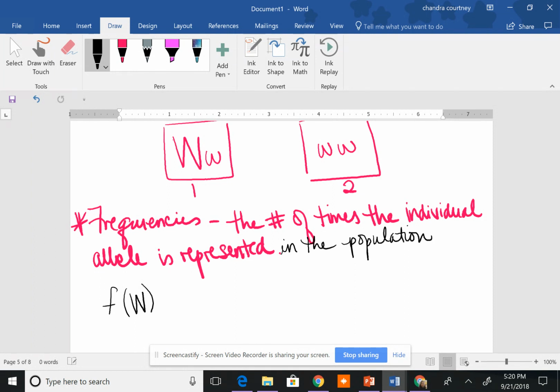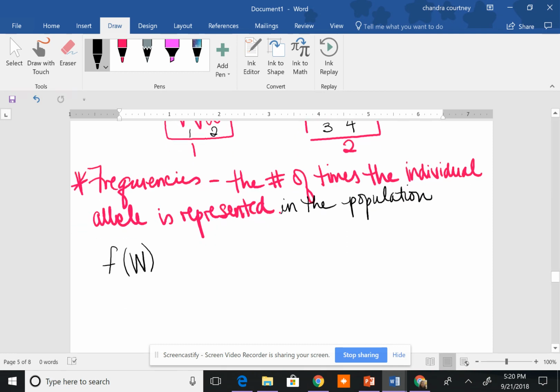Okay, so think of each letter being a representation of a chromosome, and that gene is on that chromosome. So now we don't have two individuals we're looking at. We're looking at the 4 chromosomes we have in front of us, so 1 chromosome, 2 chromosomes, 3, and 4. How many times do we see the big W? Okay, so if you think about it like that, the result is going to be 1 out of 4. 1 out of the 4 is the same as 0.25, which is 25%.